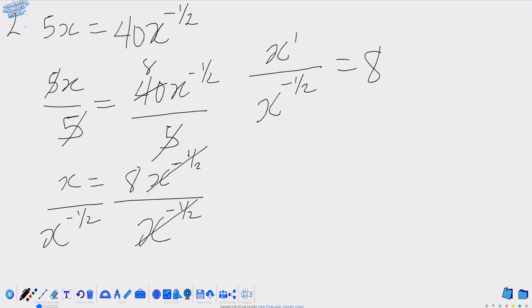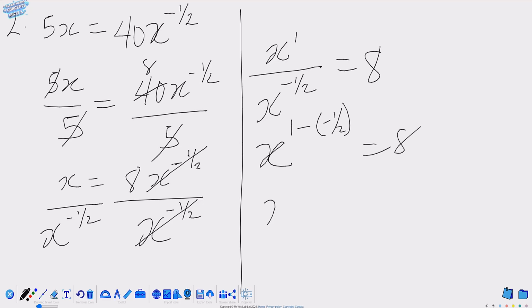So you have x, you have 1 division becomes minus, right? So -1/2 equals 8. So you have x raised power of 1 plus 1/2 equals 8. So x raised power, that's 3/2, right?